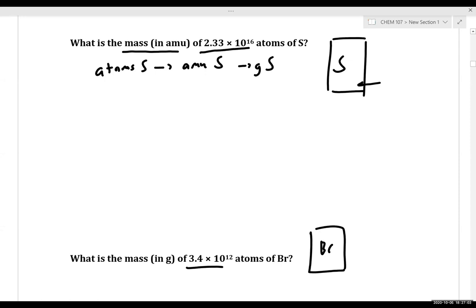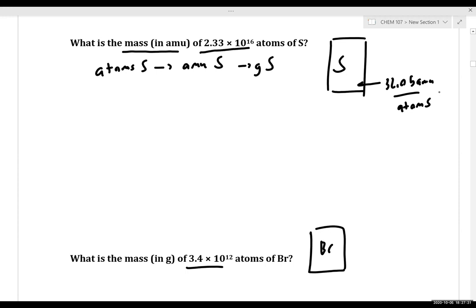So if we look up sulfur in the periodic table, what is the atomic mass of sulfur? 32.05. Yep. So we have 32.05 AMUs per atom of sulfur.